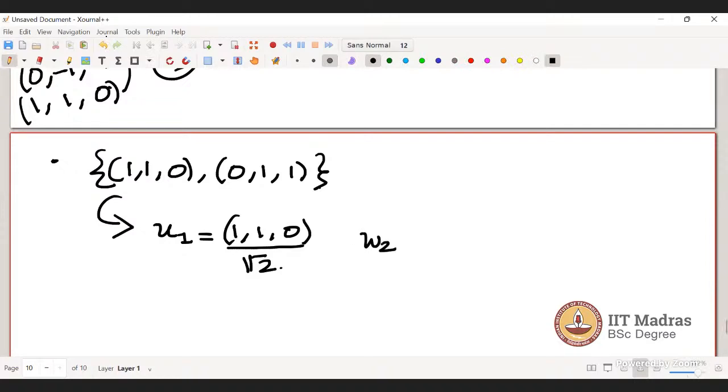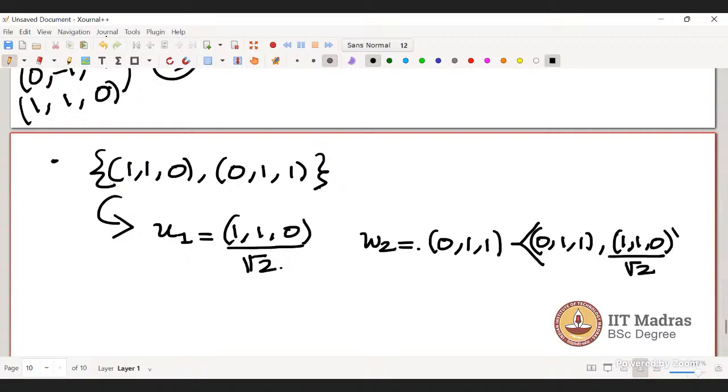So what is W2? W2 is (0, 1, 1) minus the dot product of (0, 1, 1) with U1, times again U1, which is (1, 1, 0).